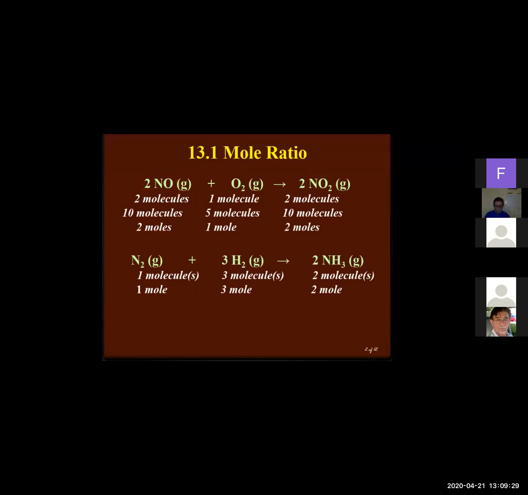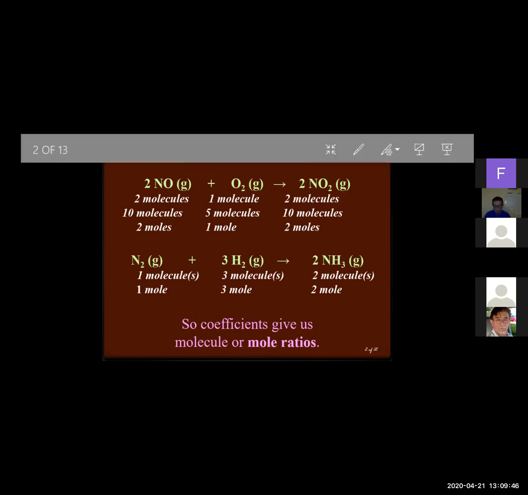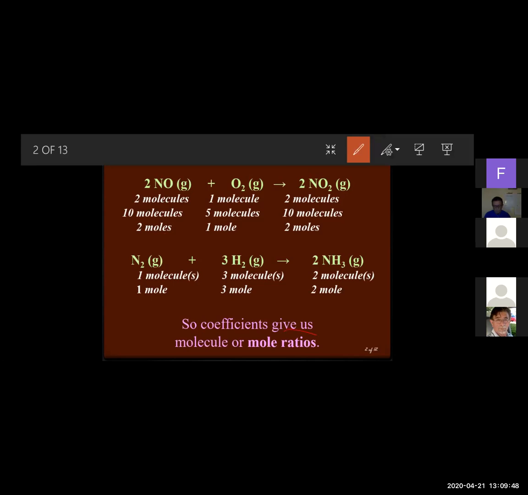So the coefficients from the balanced chemical equation give us those mole ratios. Now, think back, way back when we were talking about conversion of units, I emphasized the ratios. Why? Because now we're here. And I said those ratios, whatever it is, miles per hour, dollars per hour, I can write them 1 or 2 ways.